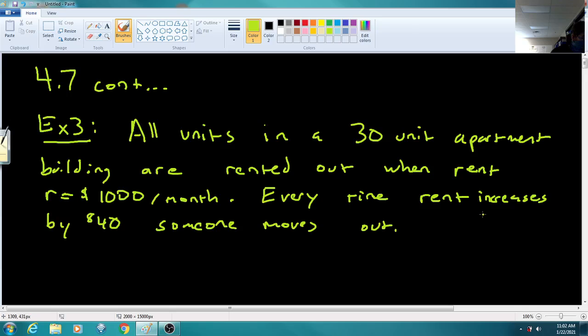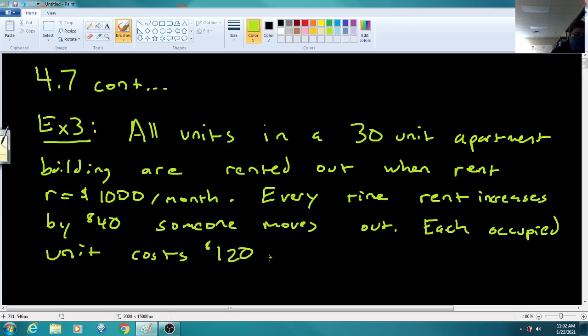Each occupied unit costs $120 per month maintenance. And we want to see what rent maximizes profit.